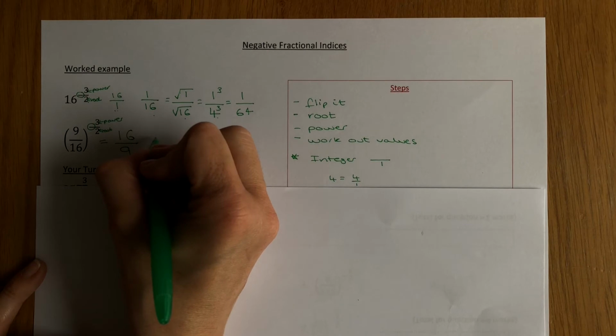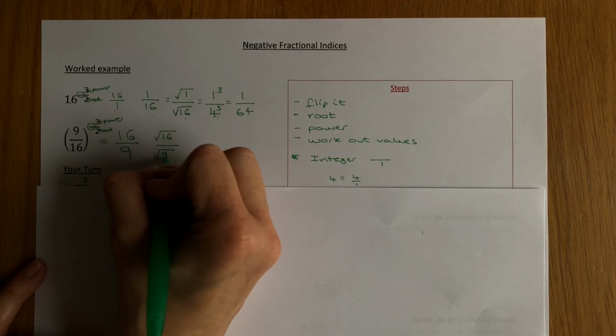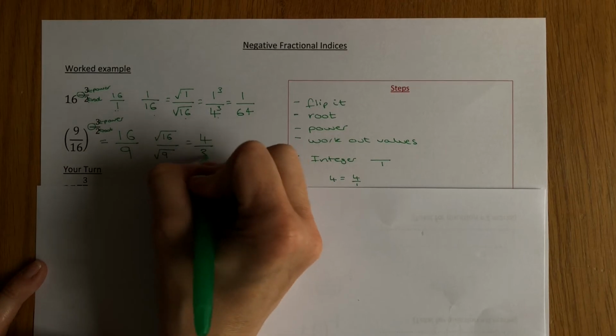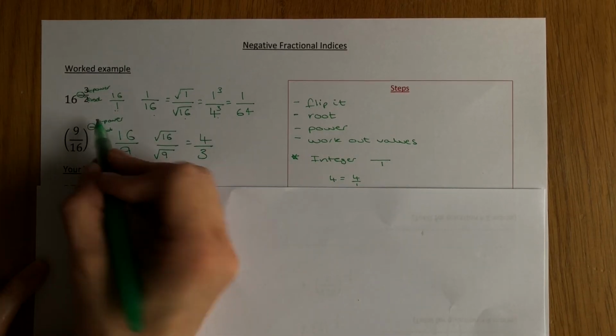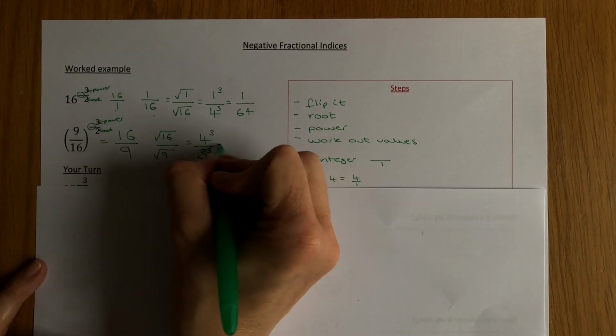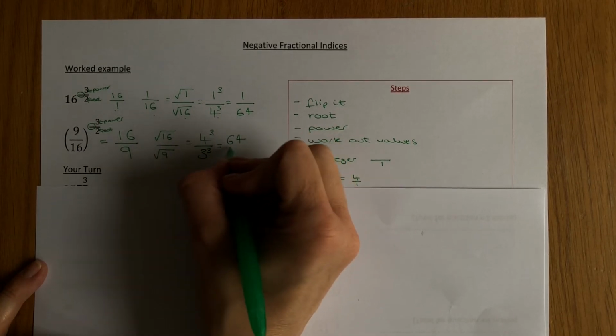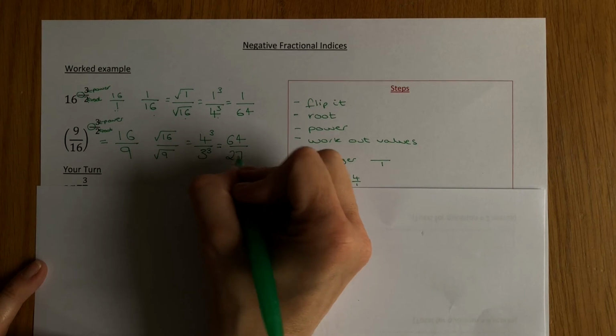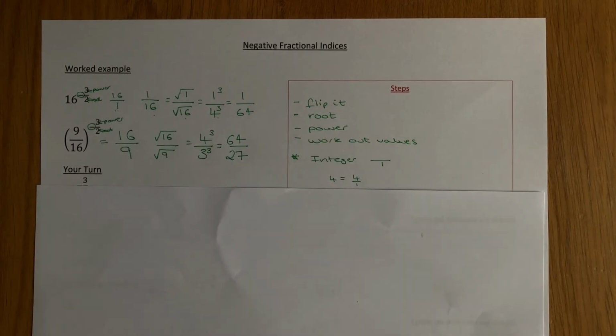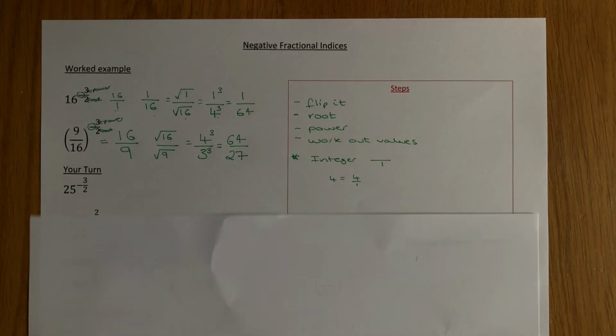So root the top, root the bottom. Root 16 over root 9 gives me 4 over 3. My power is 3. 4 cubed over 3 cubed. 4 cubed is 64. 3 cubed is 27. And you are done. Okay, so I've got 2 for you to have a go at.